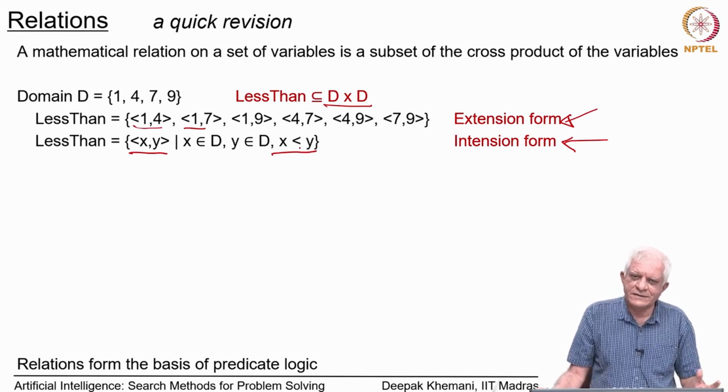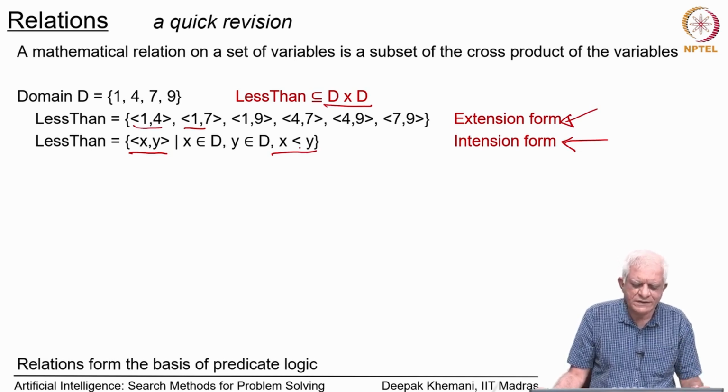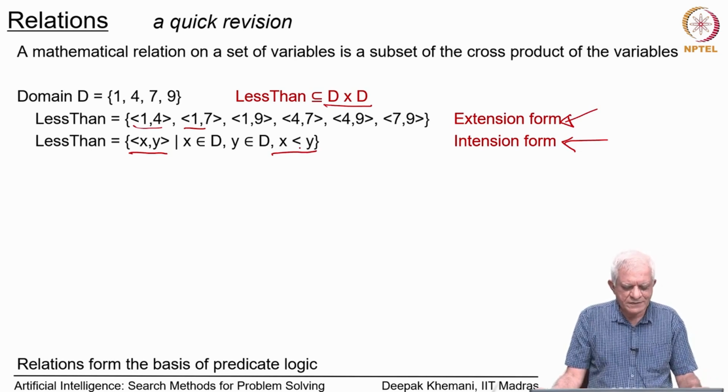If you are building a system and you have to have a large domain, then of course, you cannot rely on an extension form, but you can always write programs which will convert them from the intension form to the extension form essentially.